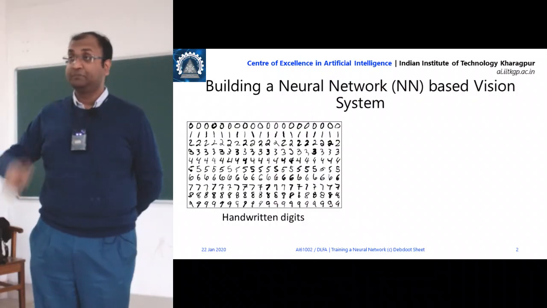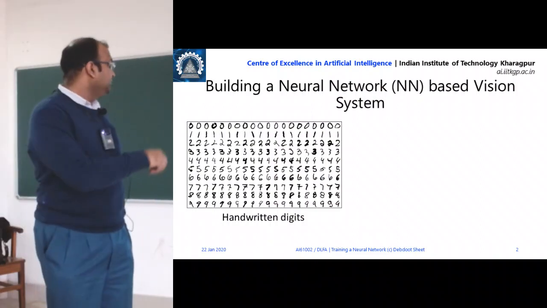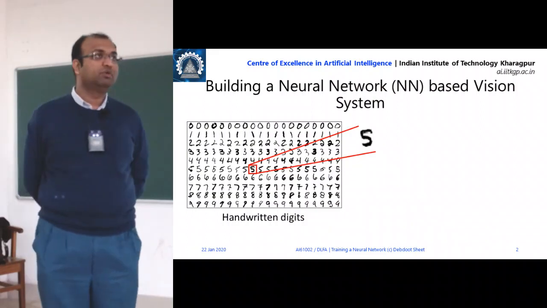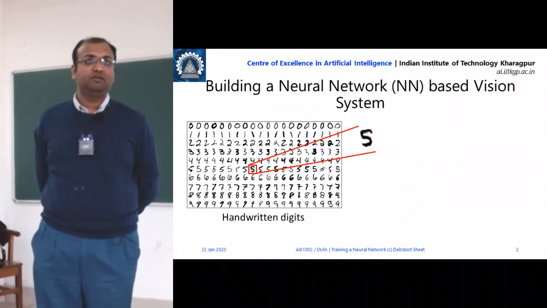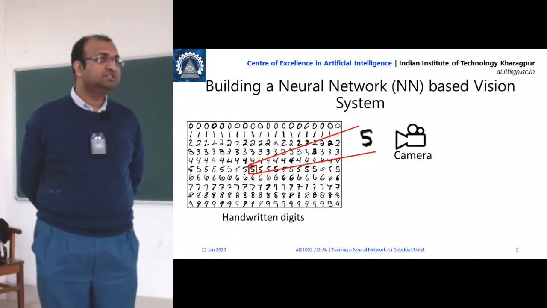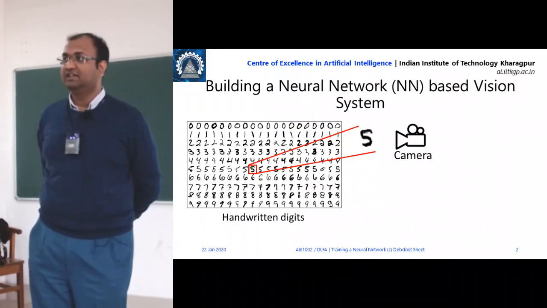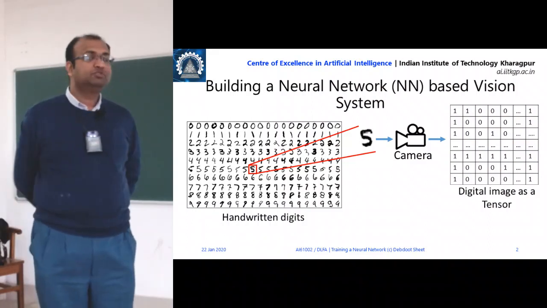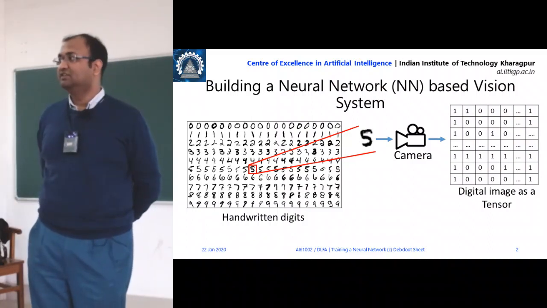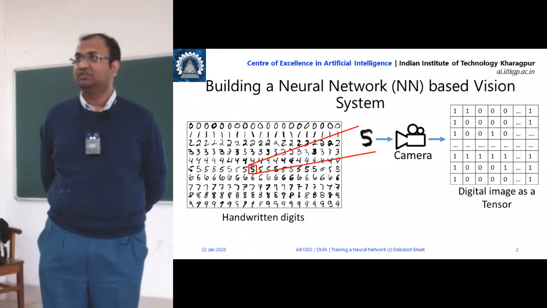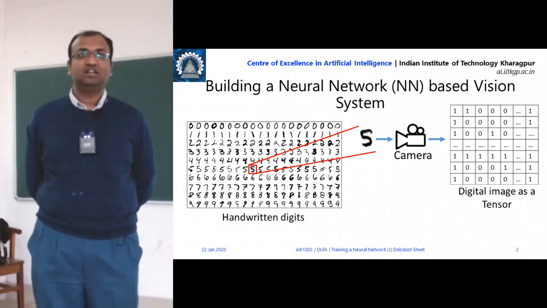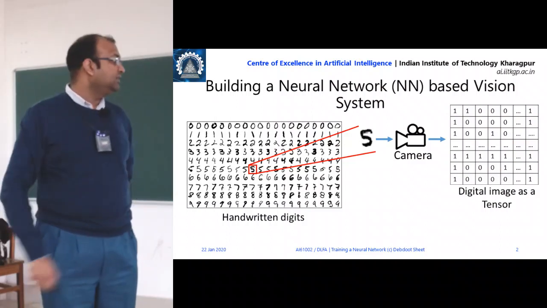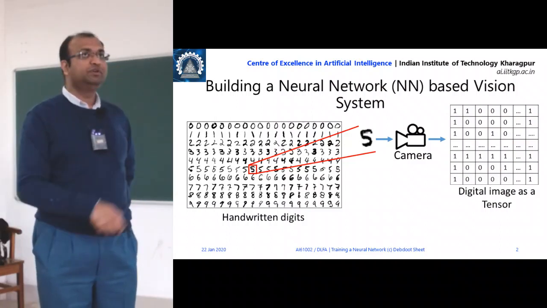Okay. Now typically the problem we were looking at was something of this sort: you are given an image which has a lot of digits, and you are looking at only one particular digit at a point in time, and you have a camera acquiring the image for this digit. That comes to you as a tensor with zeros and ones, where zeros are black, the lowest intensity, and ones are white, the highest intensity, and intermediate values are some values between 0 and 1.